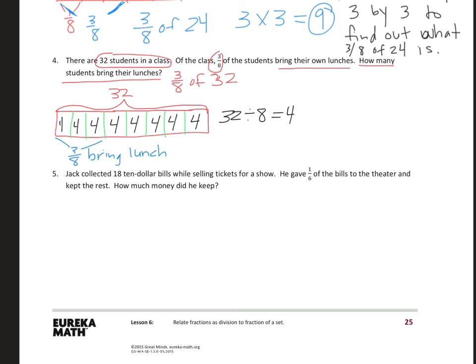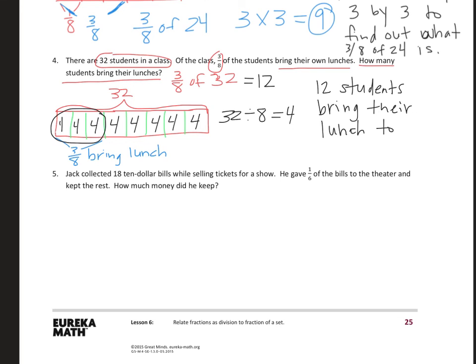So now we figured out 3/8 of 32. How many students bring their lunch? That is 12, because 4 times 3 is 12. Let's write our sentence out: 12 students bring their lunch to school.